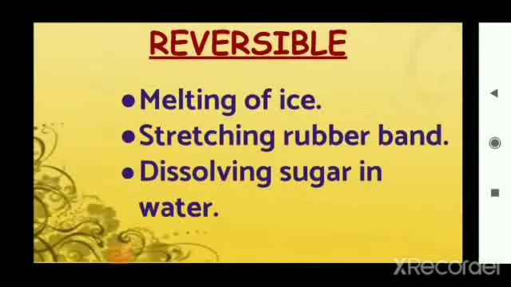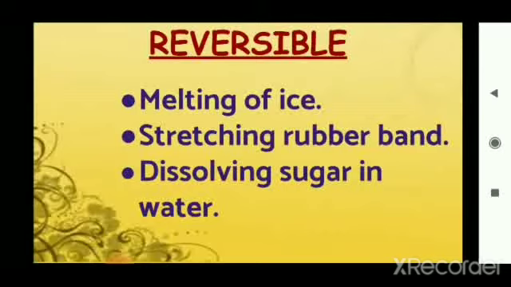Your answer will be: some physical changes are reversible while some physical changes are irreversible. Examples of reversible changes are melting of ice, stretching a rubber band, and dissolving sugar in water. When we melt ice, no new substance is formed, and we can get back the ice with the help of water.